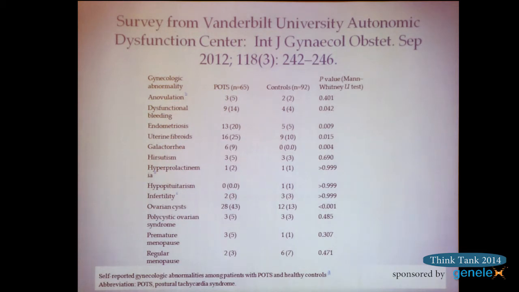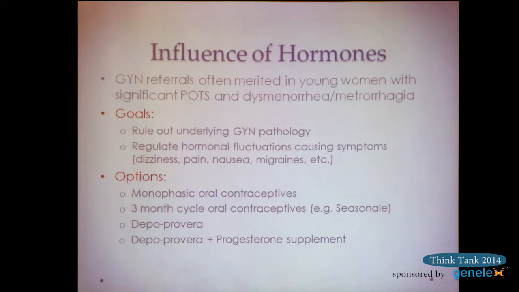So this is why I like to send my patients with POTS who are having issues with their periods to a GYN who knows what they're doing, to make sure that there are no other problems that are undetected up to that point.